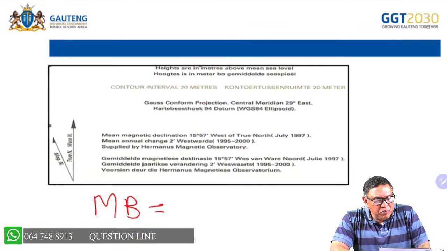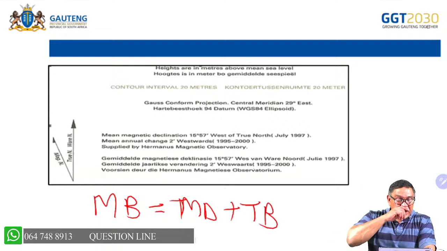Now, when we work out bearing, magnetic bearing is equal to magnetic declination plus true bearing.